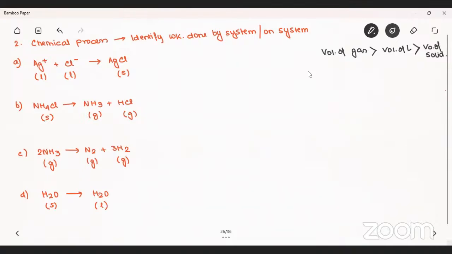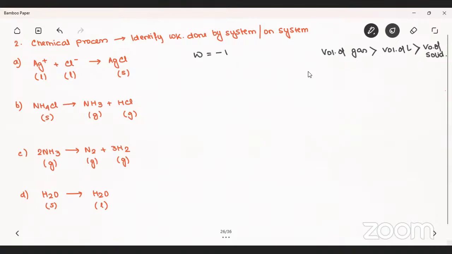So now here, the volume is more, right or wrong? 2 liquids, 1 solid. So here the volume is more. Yes or no? Yes, ma'am.